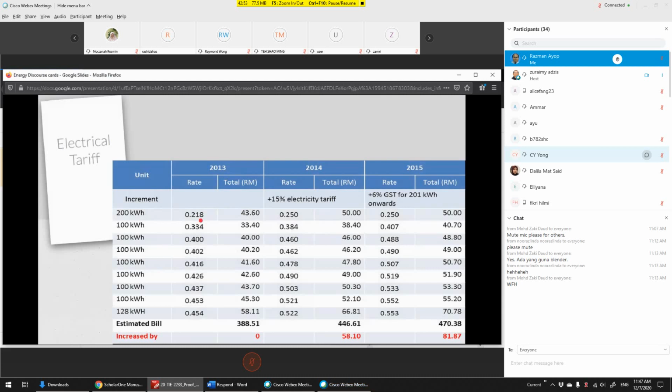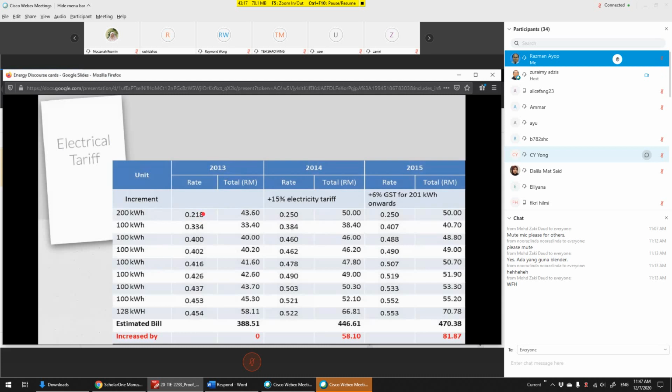Sebab streka, ingat tak, kalau kita tak gunakan dia, kita biarkan dia, bila suhu dia sampai, dia off. Bila dia off, dia tak gunakan tenaga. Bila suhu tu dah turun balik, dia nak naikkan balik suhu, dia on balik, dia gunakan tenaga. So, that duty cycle mempengaruhi. That duty cycle affects how much energy is being used.